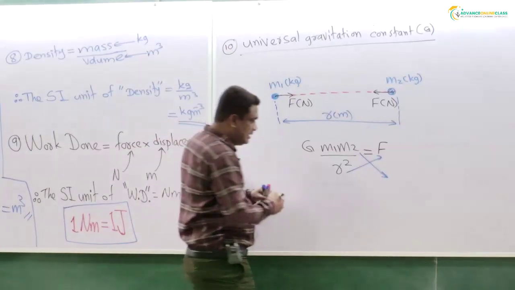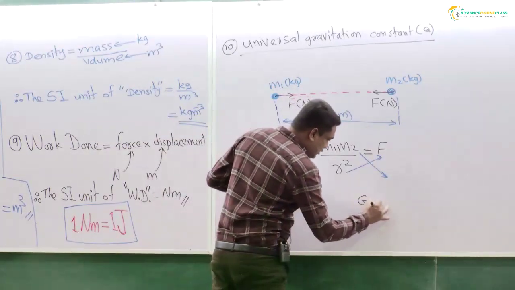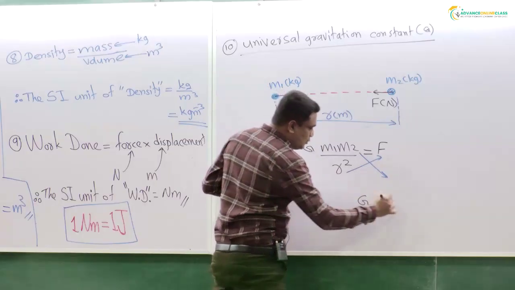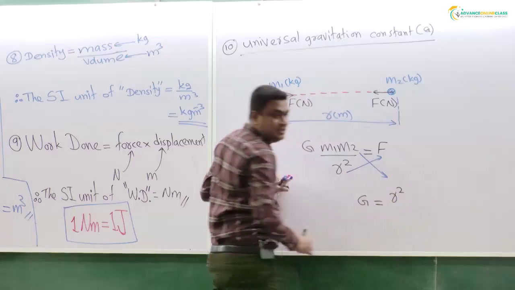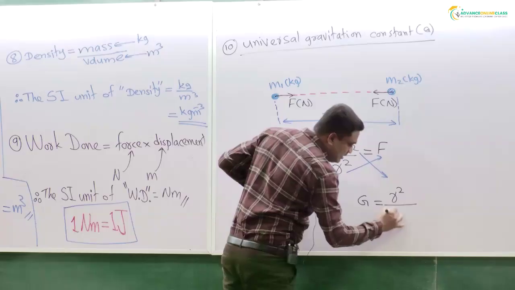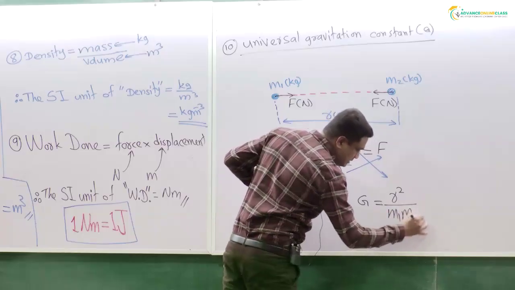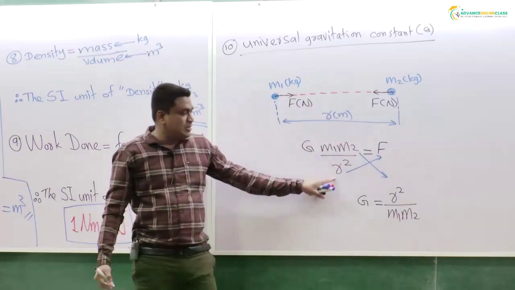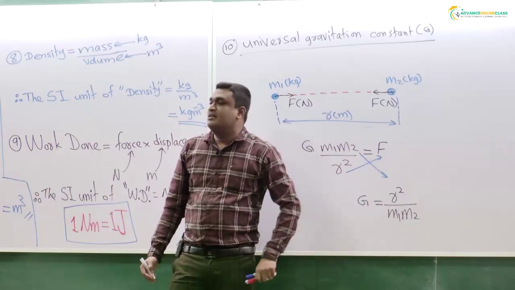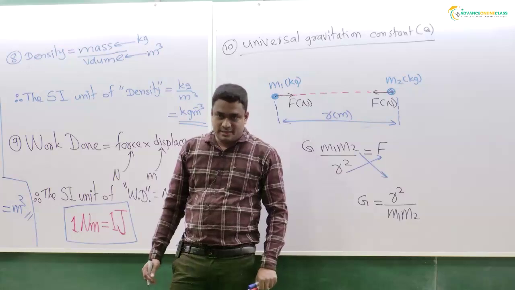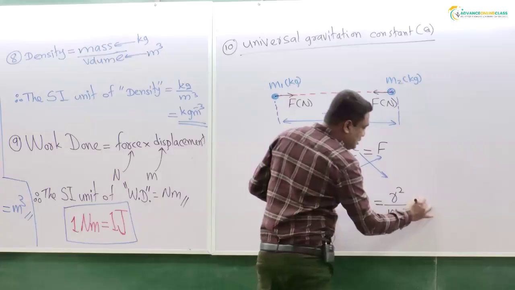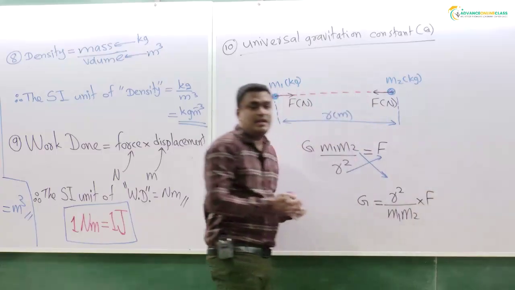Then G equals, the denominator r square goes to the numerator and the numerator m1 m2 goes to the denominator. Division becomes multiplication, and multiplication becomes division, when terms are taken to the other side. Am I right?